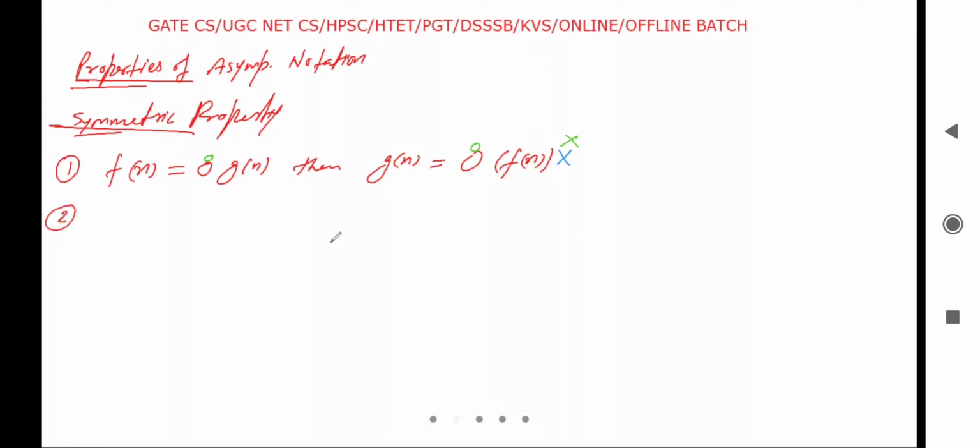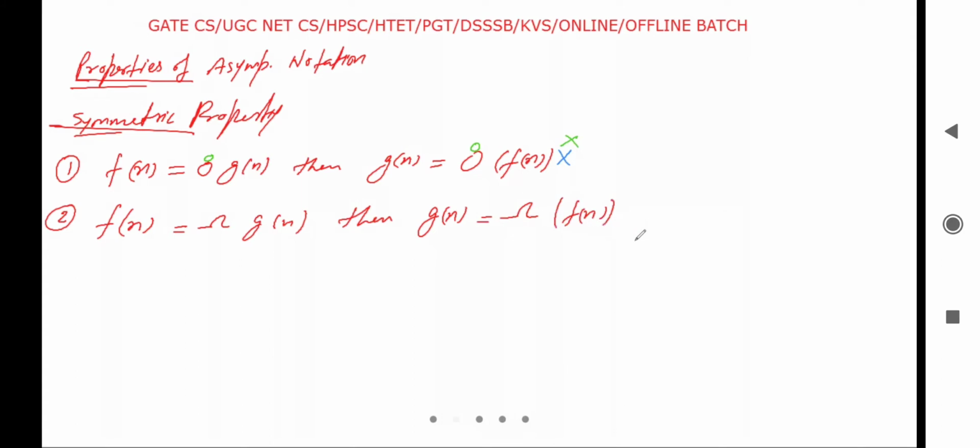Second one: if f of n equals omega of g of n, then g of n equals omega of f of n.